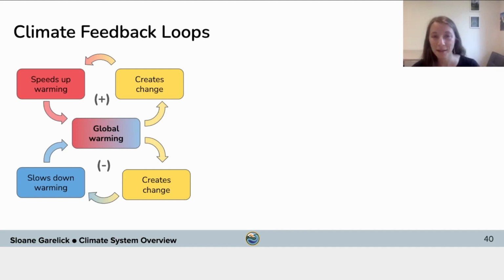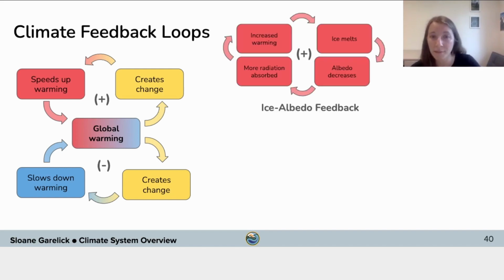Now we can take a look at some specific examples of positive and negative climate feedbacks. One example of a positive climate feedback is the ice albedo feedback. In this scenario, increased warming will result in ice melt. As ice melts, the albedo of the surface will decrease. And the albedo is the amount of light that is reflected from a surface.